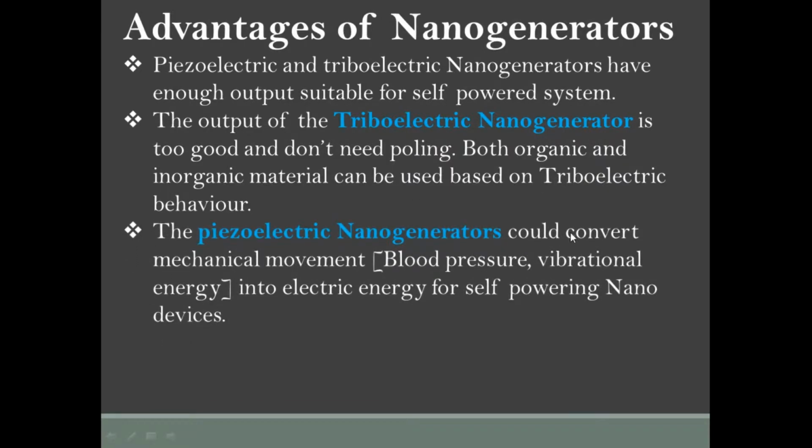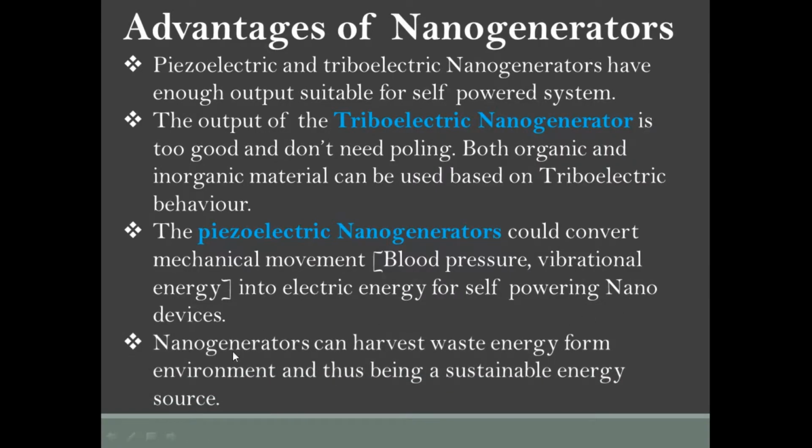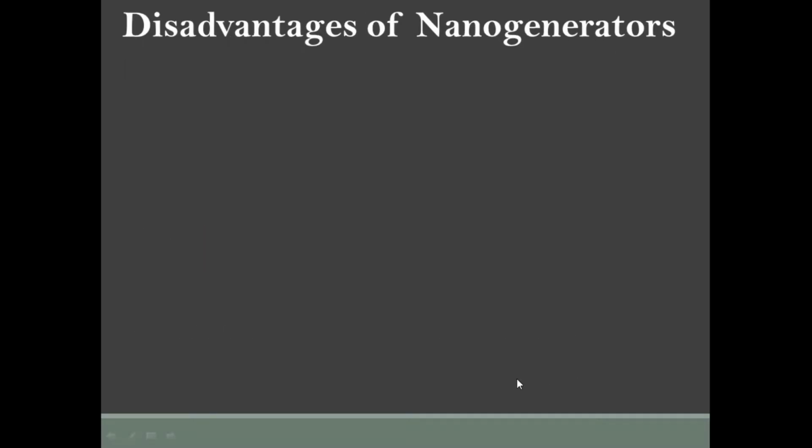The piezoelectric nanogenerator can convert mechanical movement, blood pressure, vibration energy, and so on into electrical energy for self-powering nano devices. Nanogenerators can harvest waste energy from the environment, and thus are a sustainable energy source.